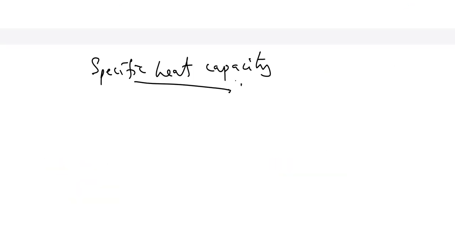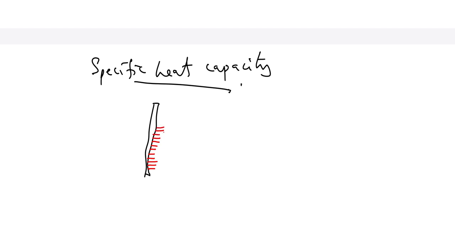Alright, so the next concept I want to explain is specific heat capacity. What does it really mean? Let's say we have our thermometer. Our thermometer is graduated, so this is 1 degree, the second degree, the third, the fourth, the fifth, the sixth, seventh, eighth, ninth, and so on.